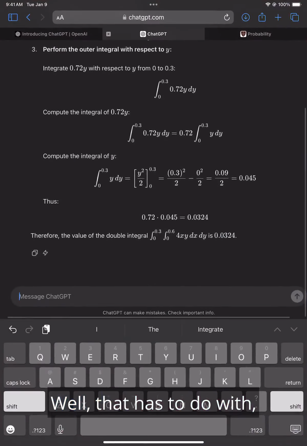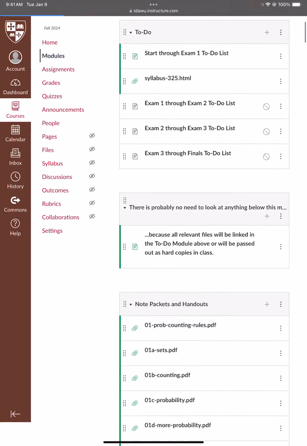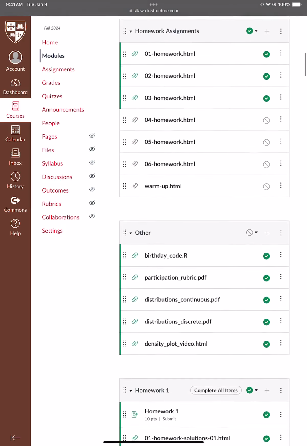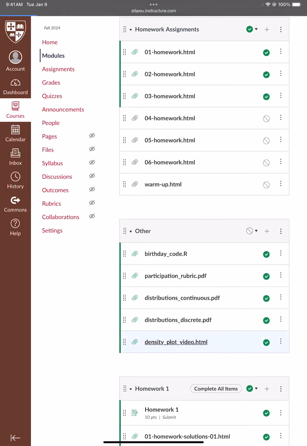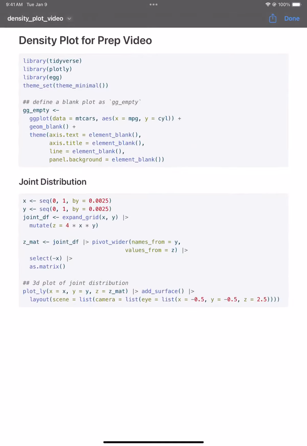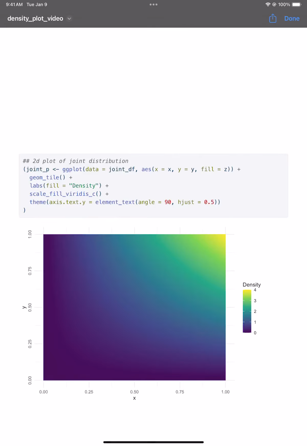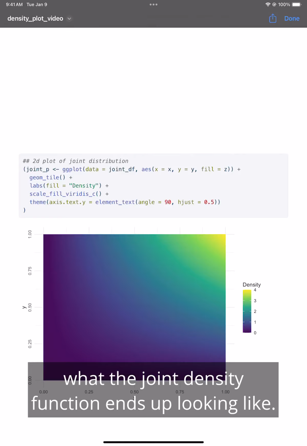Well, that has to do with where x and y are, what the joint density function ends up looking like.